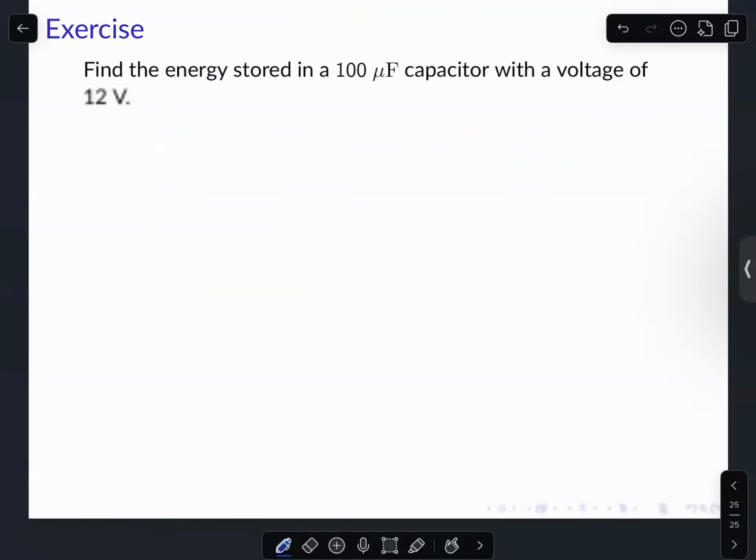Okay, before we do our final example, what the hell, let's do one final example. Here, find the energy in joules of a 100 microfarad capacitor with 12 volts across it. Think about what you're given and what you need. This is Google question I. Let's see where you're going.